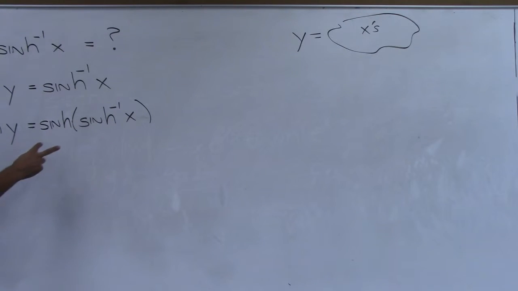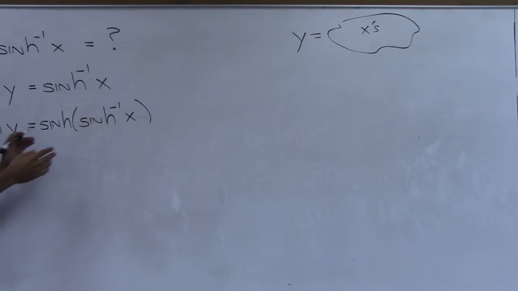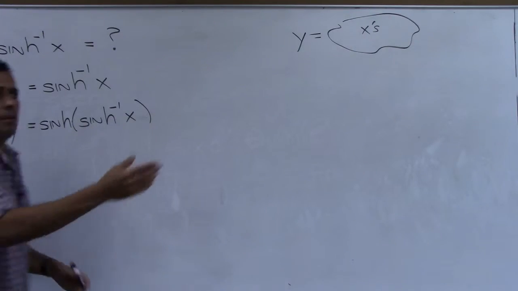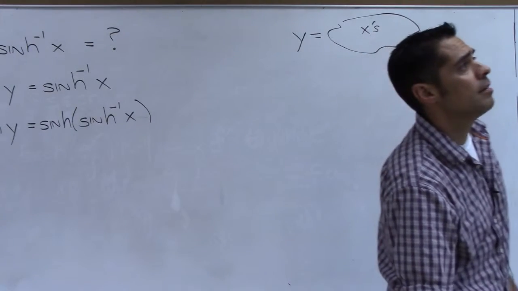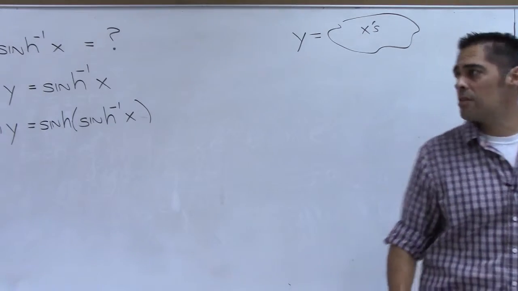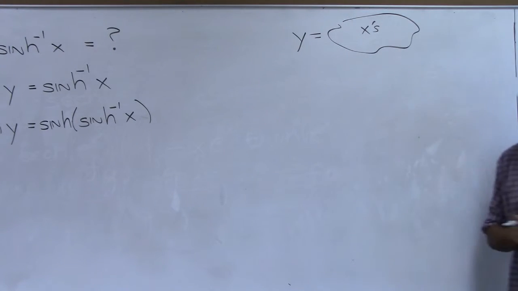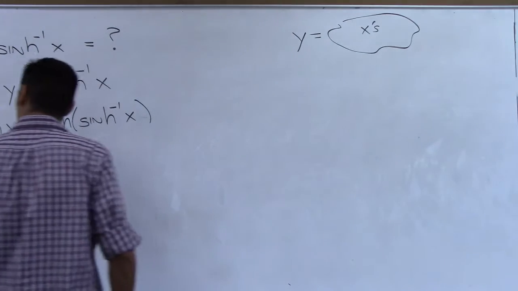But I should be able to do the same cancellation property that I had from last class, so long as there aren't any domain problems here. But what does it appear the domain restriction is here? There really is none, right? So we are okay to play this game, taking the hyperbolic sine on both sides of the equation.